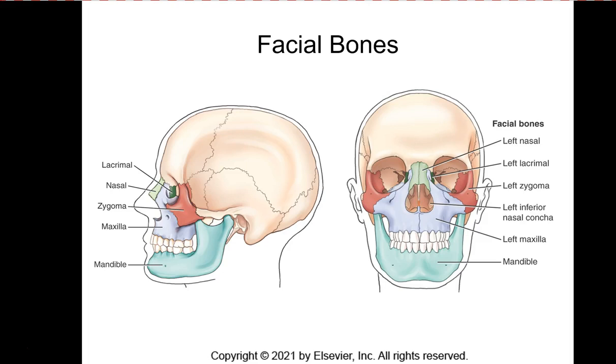Of the 14 bones that make up the facial skeleton, only 2 are single bones. The remaining 12 consist of 6 pairs of bones with similar bones on each side of the face.